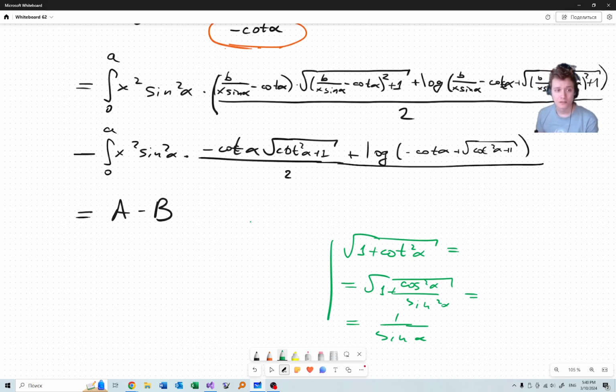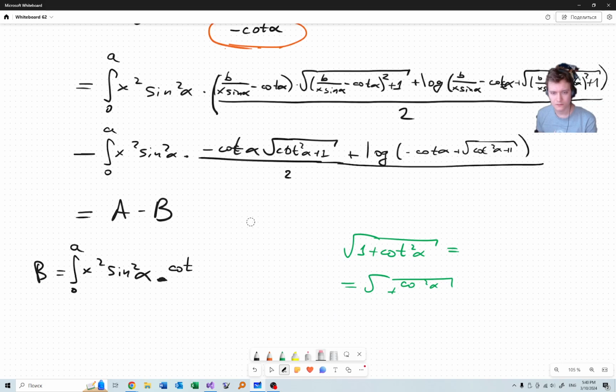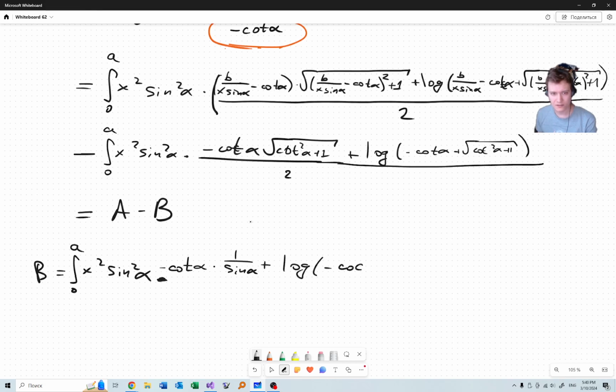Okay, so b equals minus cotangent alpha times 1 over sine alpha plus logarithm of minus cotangent alpha plus 1 over sine alpha, over 2.